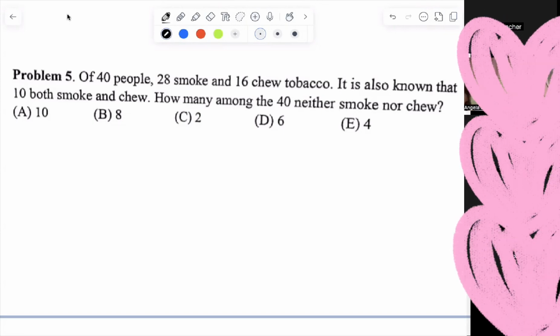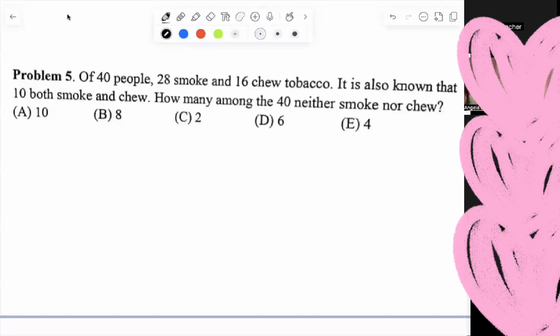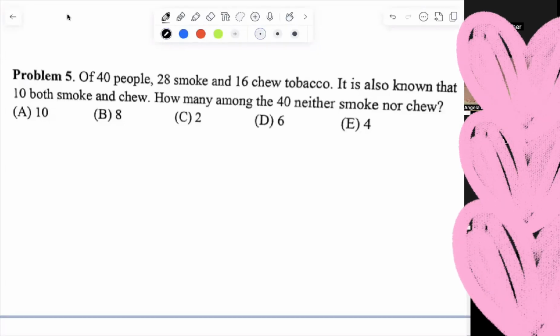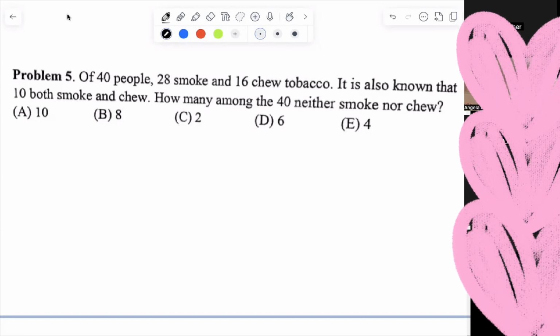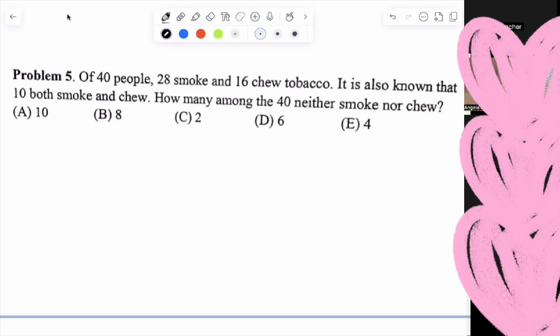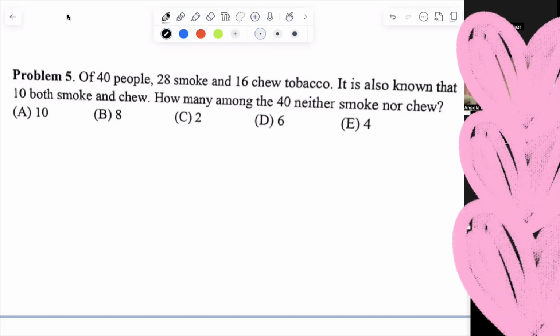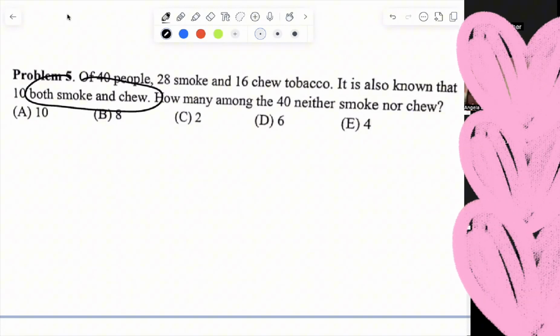So basically, we want to find how many neither smoke nor chew. Now, if we add the people that smoke and the people that chew tobacco together, we're double counting the people that both smoke and chew.